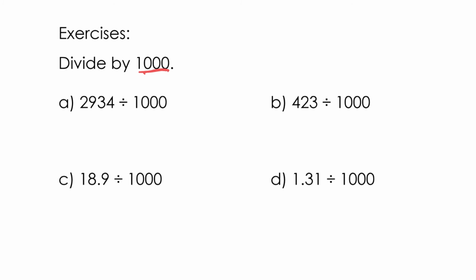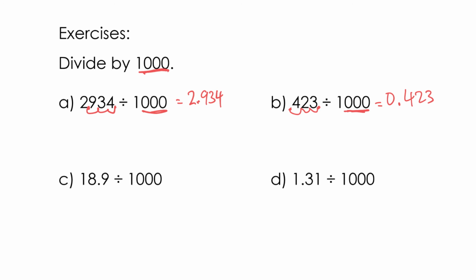And a couple more exercises here. So divide by 1,000. There are 3 zeros here. Decimal's over here. 1, 2, 3. 2.934. 3 zeros here. The decimal's over here. 1, 2, 3. So it would be decimal 4, 2, 3.